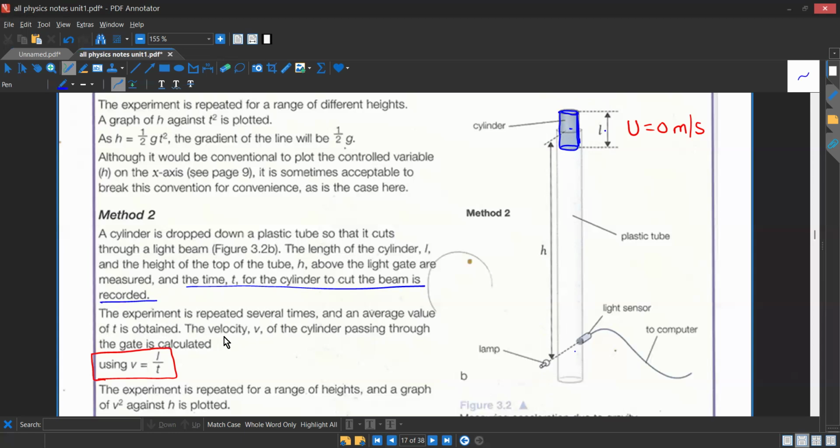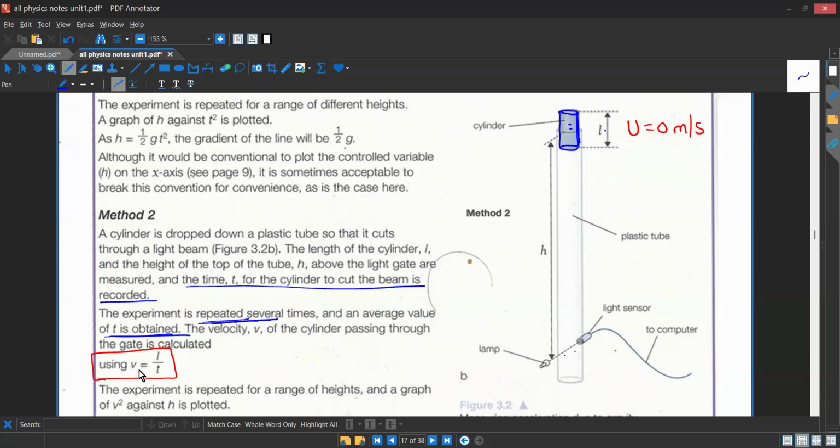Remember, you will repeat the experiment and measure the average value of T. The velocity V of the cylinder passing through the gate is calculated. So at what speed is this cylinder passing over here?